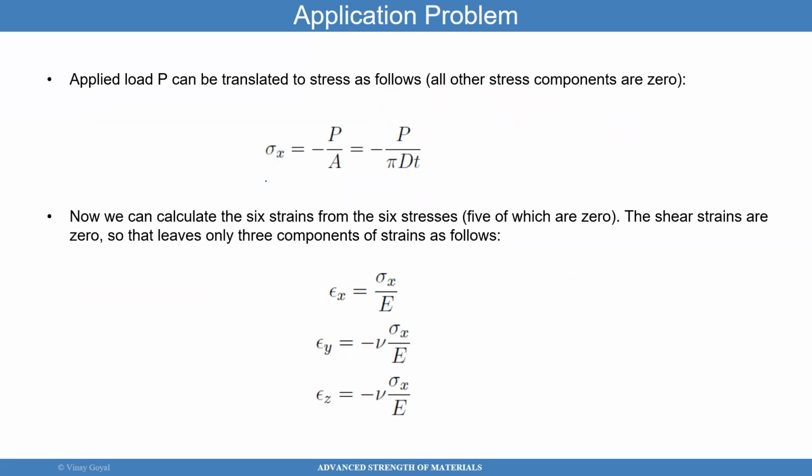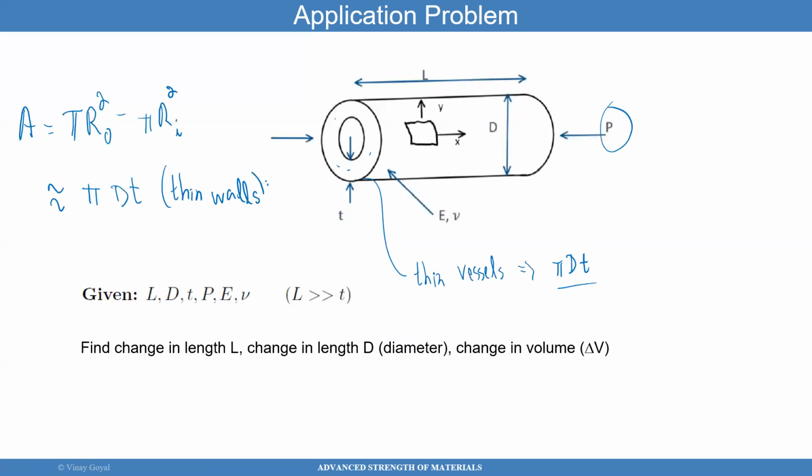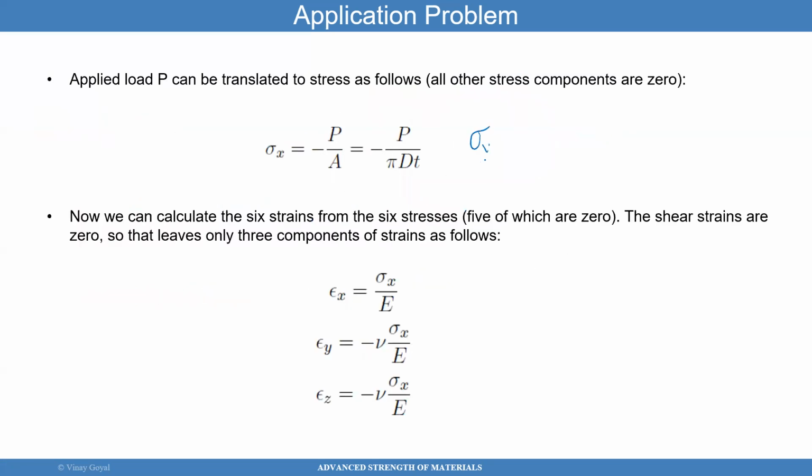So because you know that the other stress components are 0, obviously if I'm applying a compression load to this tube, you can quickly see here that sigma yy is 0. I'm not applying anything there. Sigma zz is 0. I'm not applying anything in that direction. And all the shear stresses, sigma xy, sigma xz, and sigma yz are 0. There's no shear stresses applied.